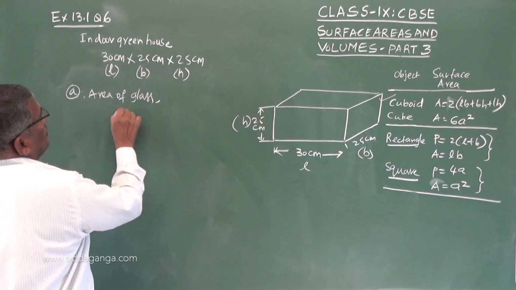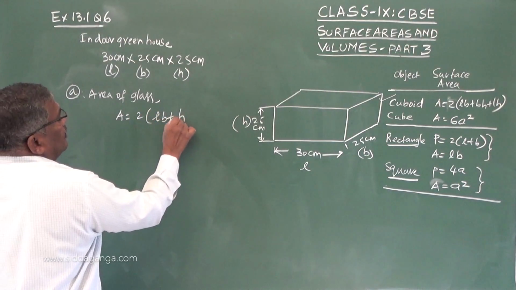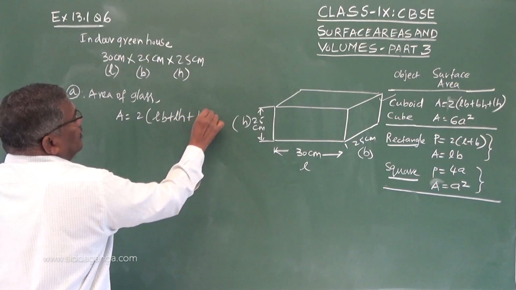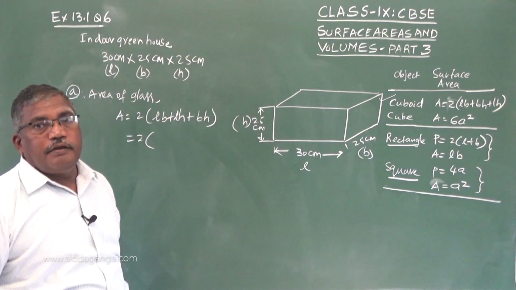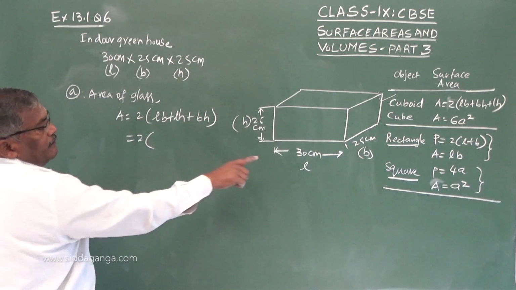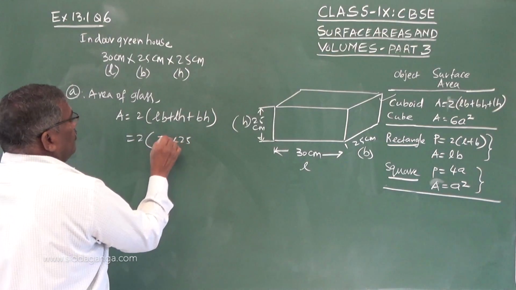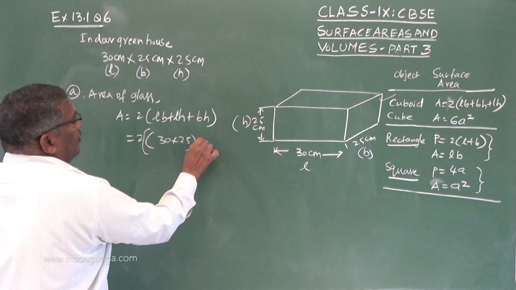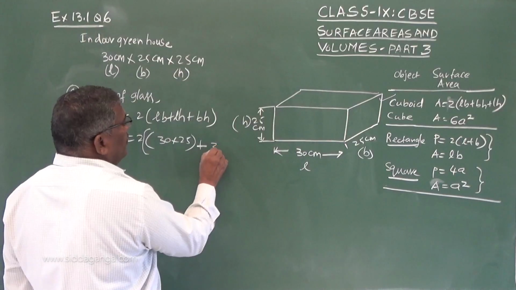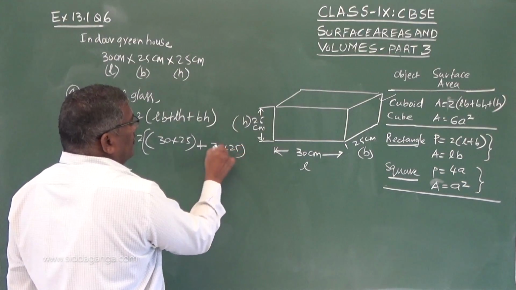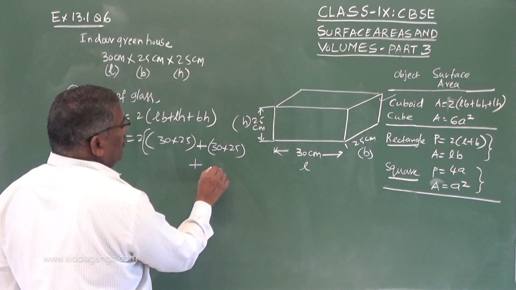So area of glass A will be equal to 2 times LB plus LH plus BH. 2 times LB, so 30 into 25, plus LH, 30 into 25, plus BH, 25 into 25.